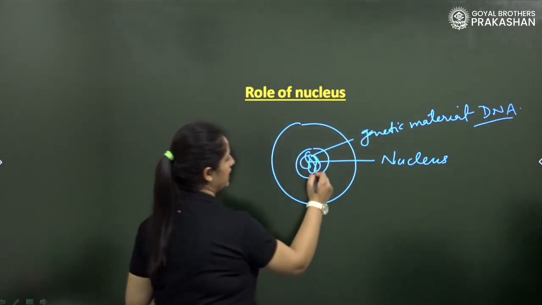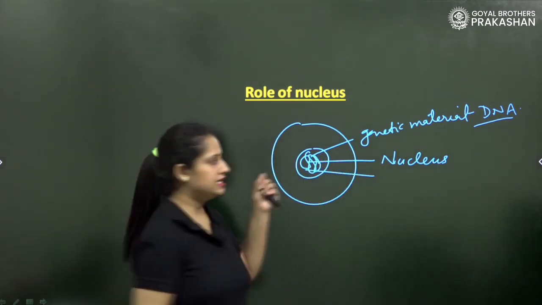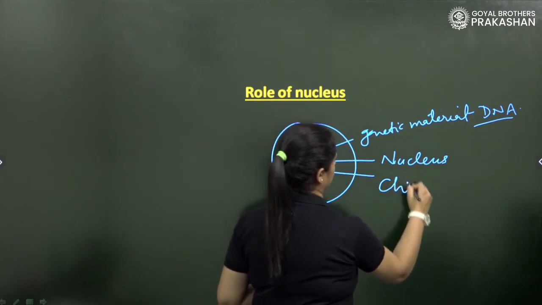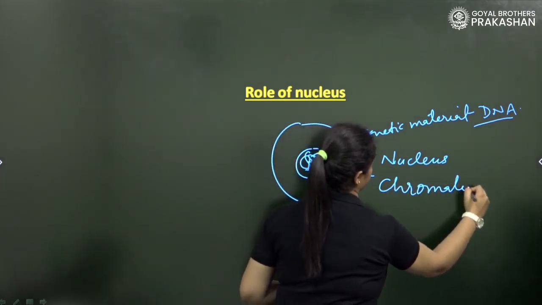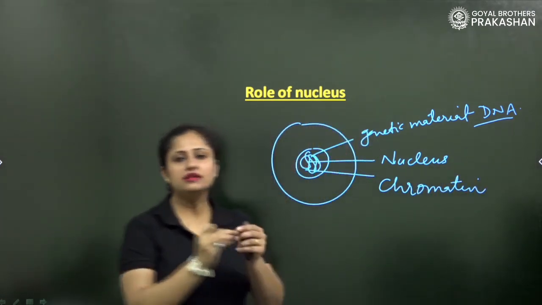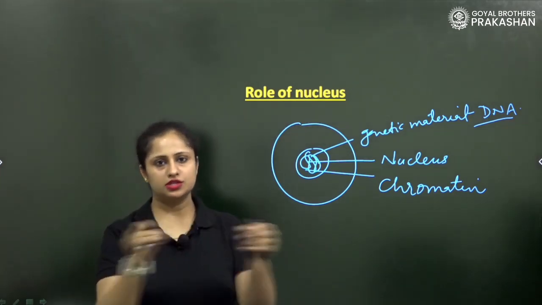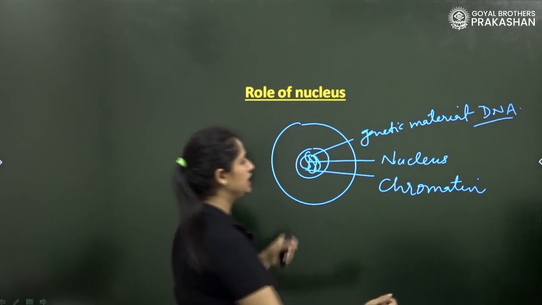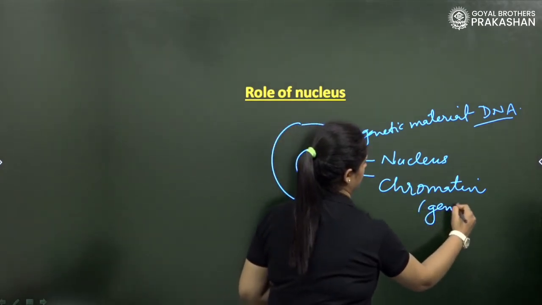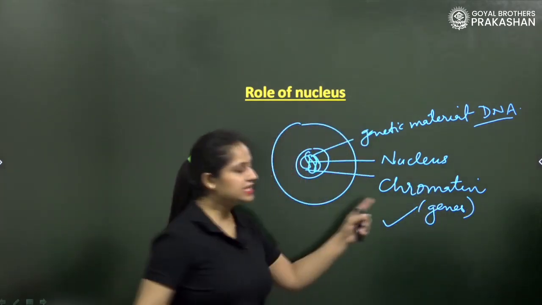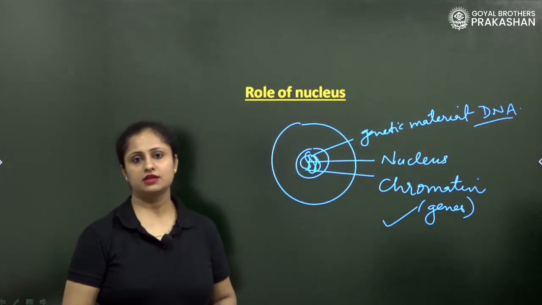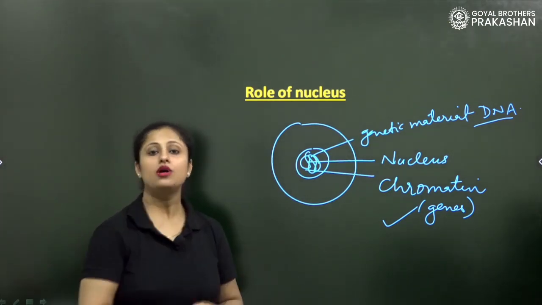So, we can see here this DNA is made up of a thread-like structure known as chromatin. Chromatin is the thread-like structure over which some bead-like structures are present, known as genes. Ultimately these genes are responsible for the transmission of characters or traits from the parents to their offspring.